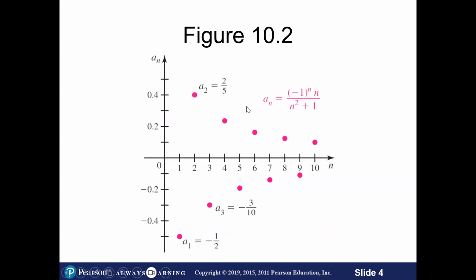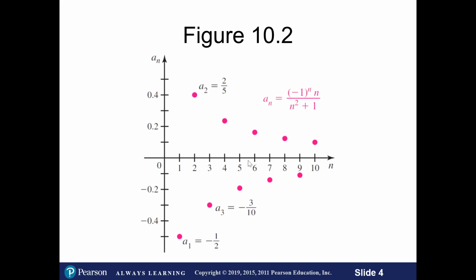Let's look at another. Sequences are like functions, right? Sequences can be strictly decreasing, strictly increasing, or neither of those. And this is an example of one that's neither, where the nth term of my sequence is -1 to the n times n over n squared plus 1. You can see with the -1 to the n that this is going to bounce back and forth between positive and negative.